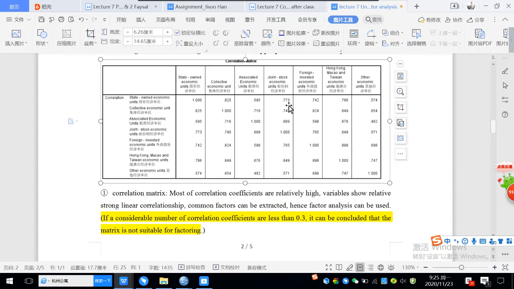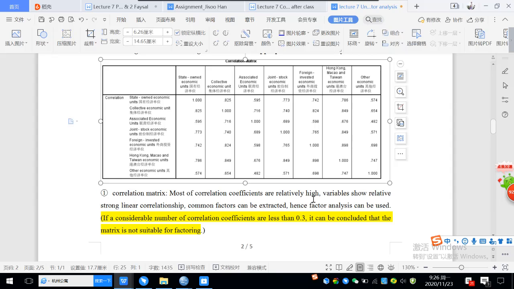After we check, we can see that the smallest coefficient is 0.482. Okay, this is the smallest. That means most of the correlation coefficients are relatively high.